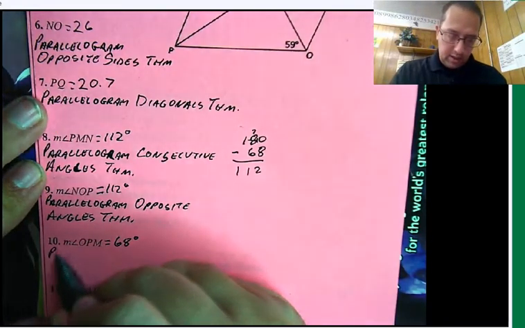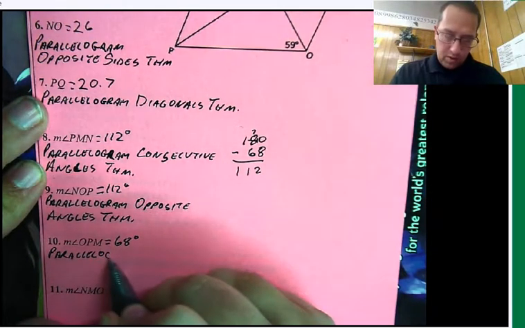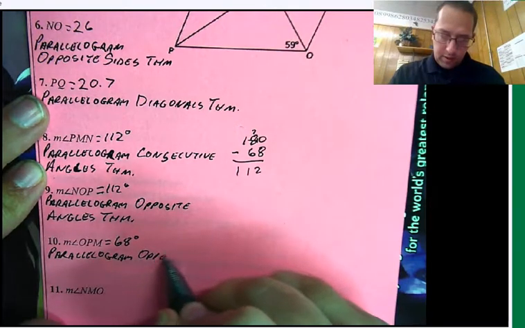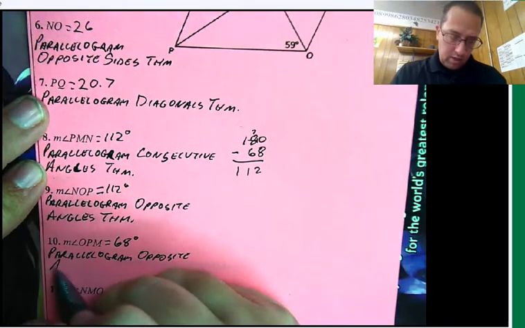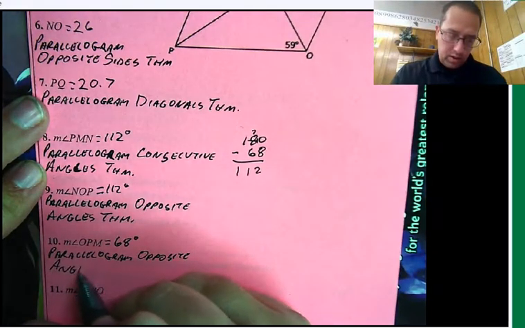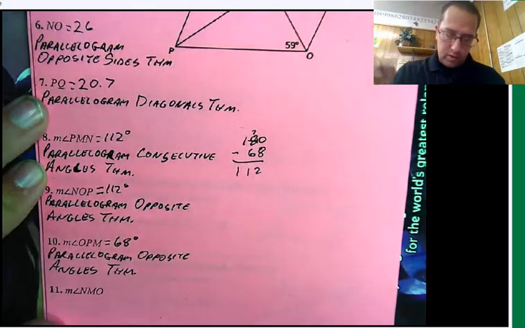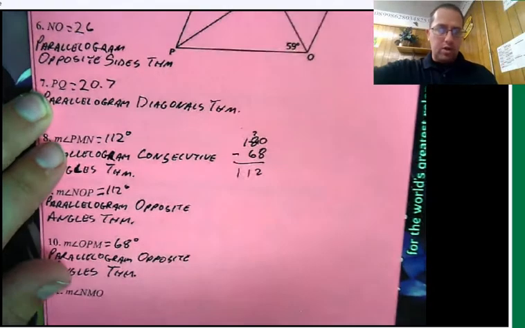So this is going to equal 68 degrees. Why? Because of the parallelogram opposite angles theorem. Okay, last one we want is angle NMO.